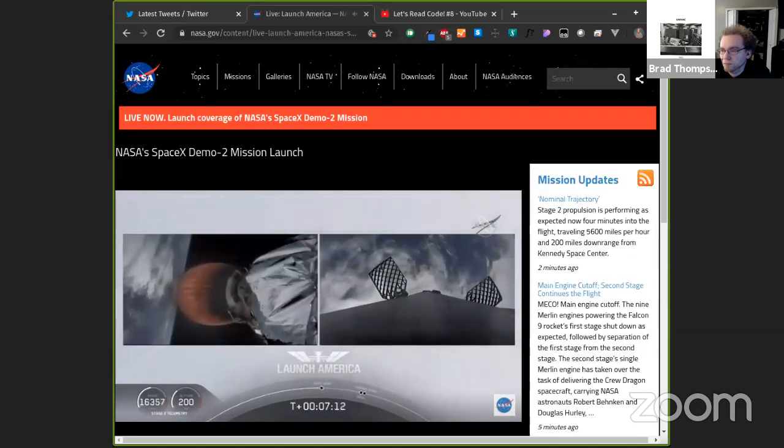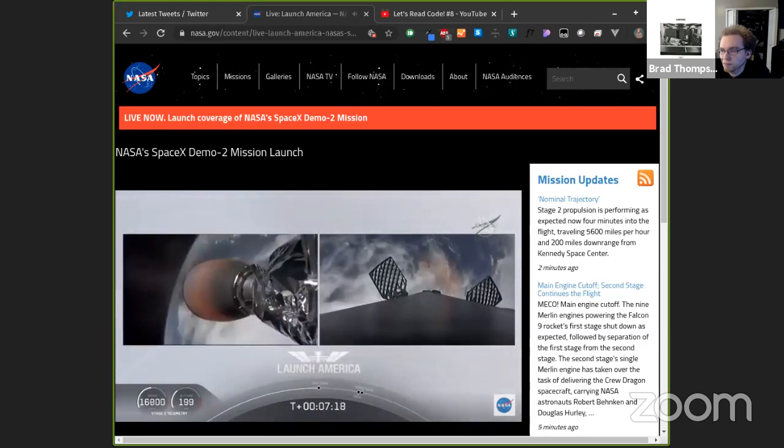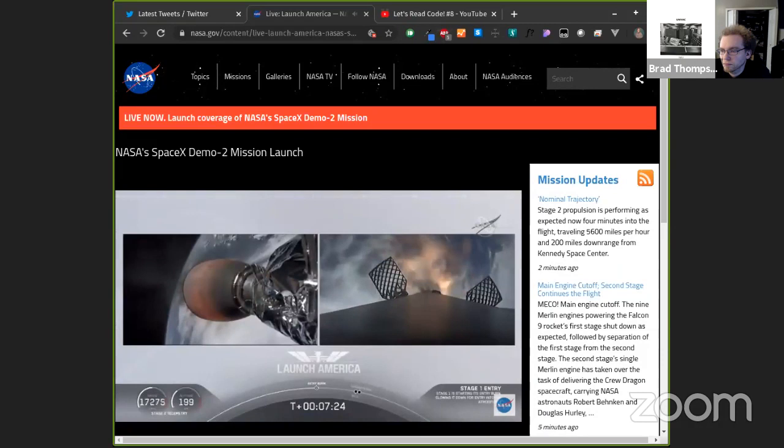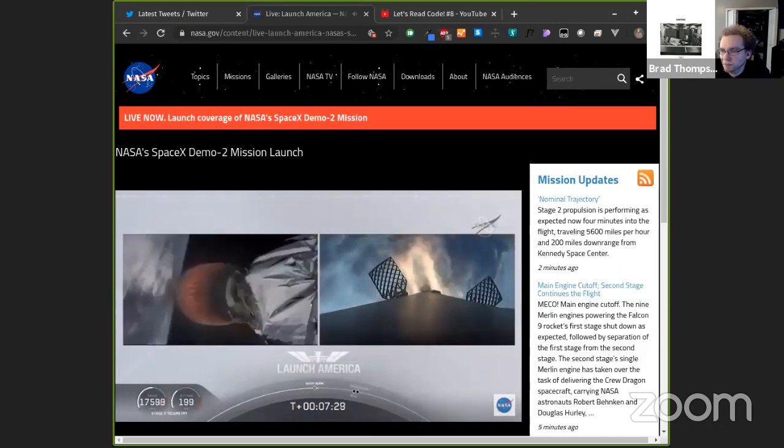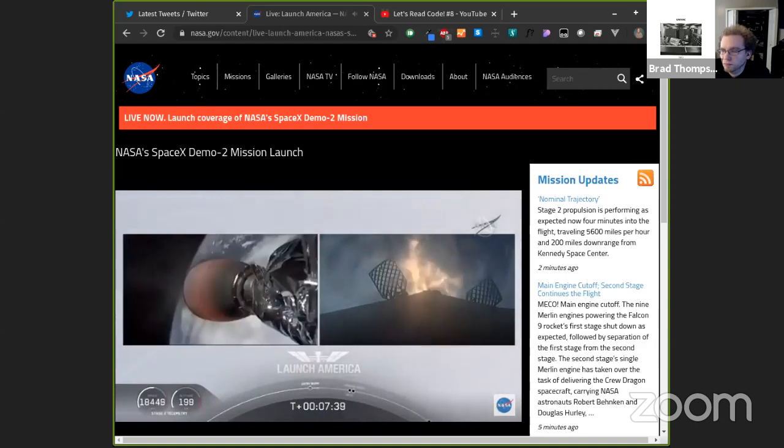Stage 1 entry burn. And there is that entry burn beginning. This burn lasts about 36 seconds. Stage 2 FTS is safed.